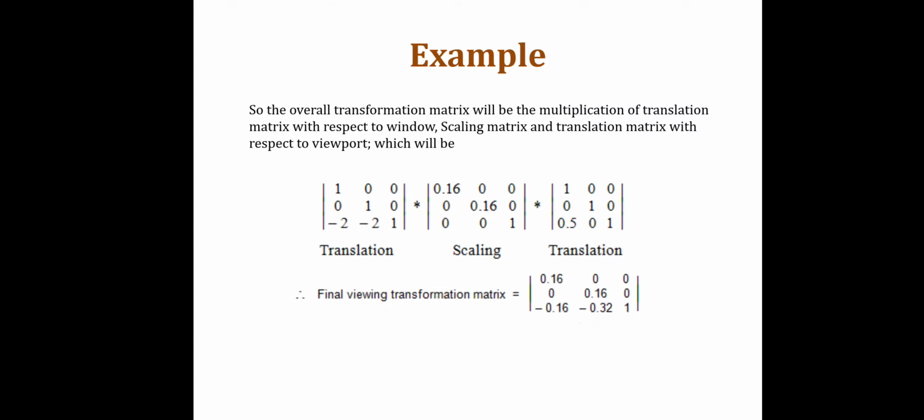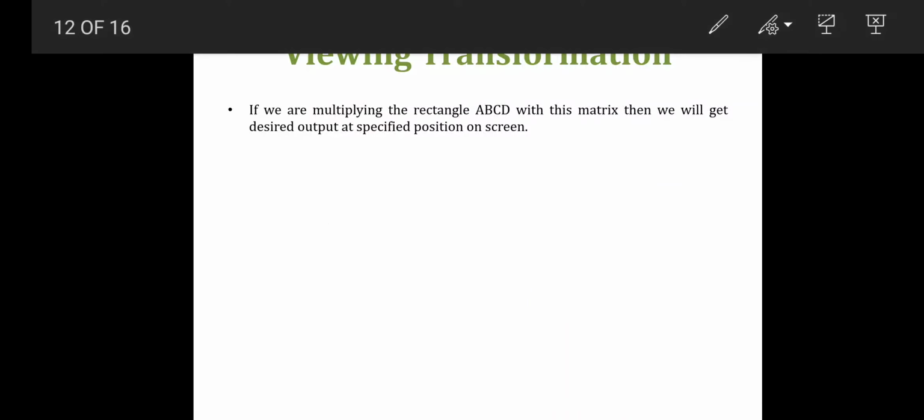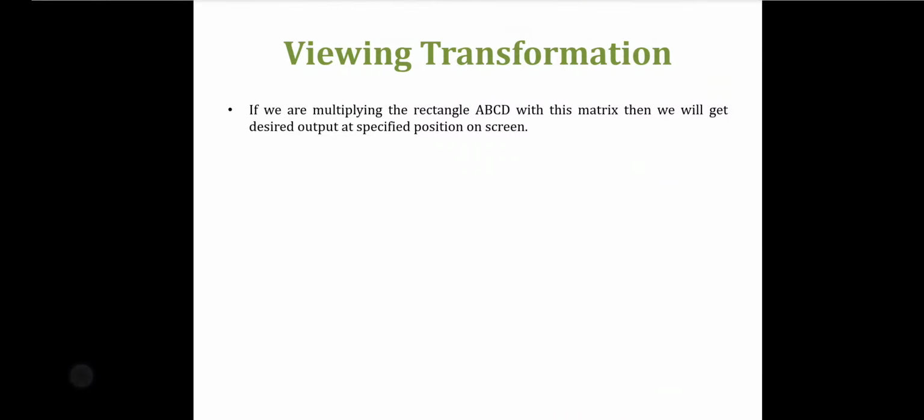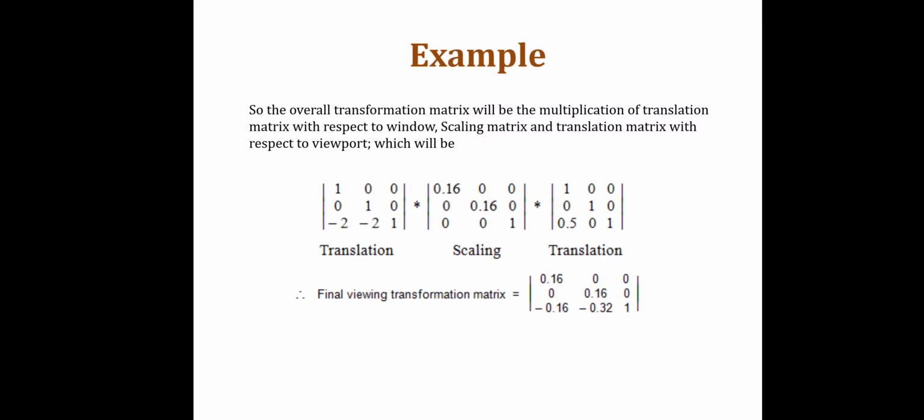So, I can multiply all these 3 matrices and then we get the final viewing transformation like this. We have to multiply this translation, scaling and translation matrix. Okay. There is also a shortcut method for doing this. What is the method? Instead of multiplying all 3 matrices, we can have a shortcut matrix to represent this multiplication.